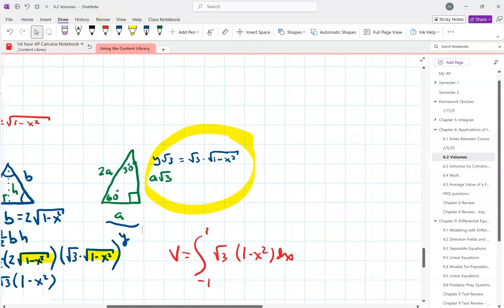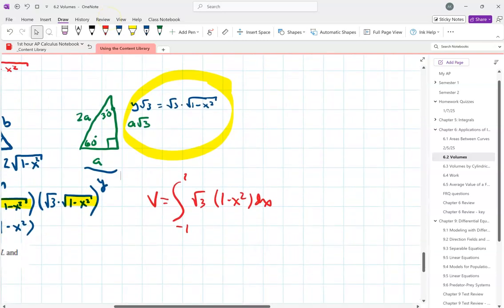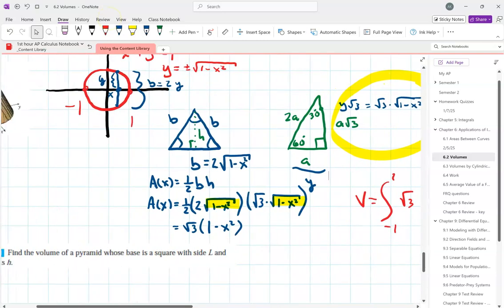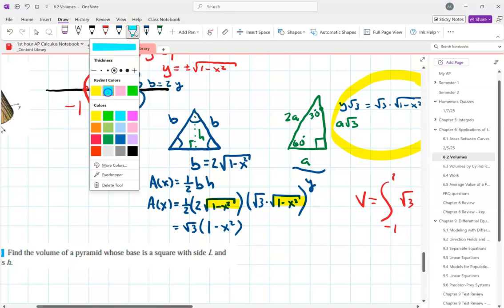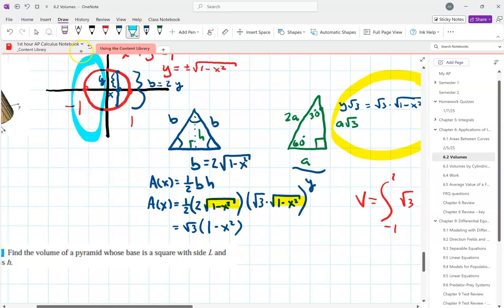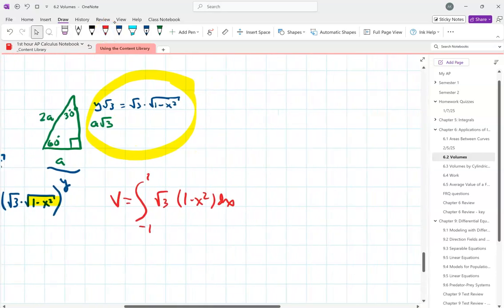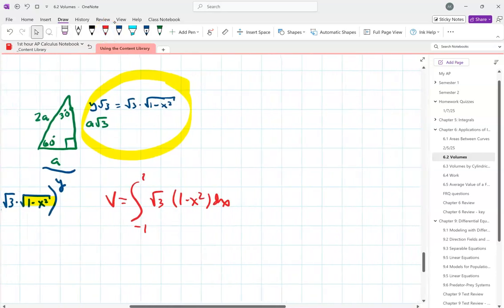Okay, so continuing on then. I noticed that this circle, when I look at this solid, is going to be symmetric, where this half of the solid would be the same as that half of the solid, right? You guys okay there? So when it's symmetric like that about the origin, I can do that same trick.